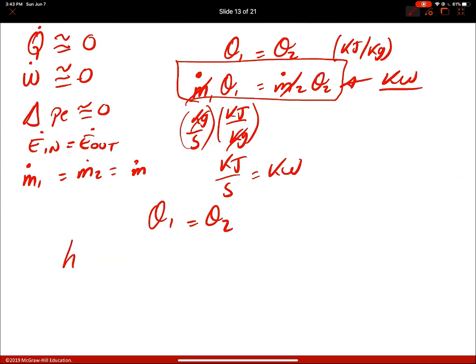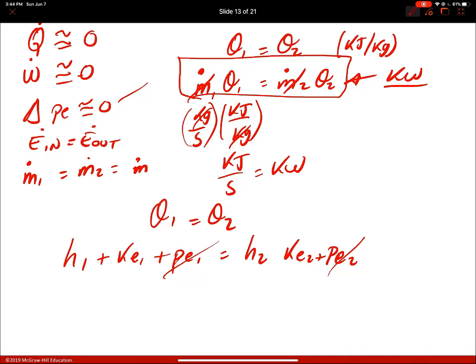So I'm just going to start writing my equation. Enthalpy 1 plus kinetic energy 1 plus potential energy 1 equals enthalpy 2, kinetic energy 2, and potential energy 2. What do we know? That the delta PE will be equal to 0, so these can cancel out, and at the end I'm only getting enthalpy and kinetic energy.